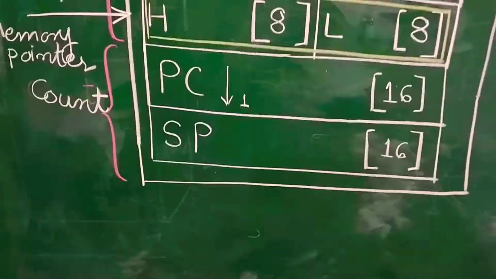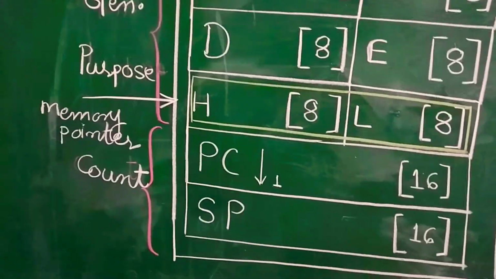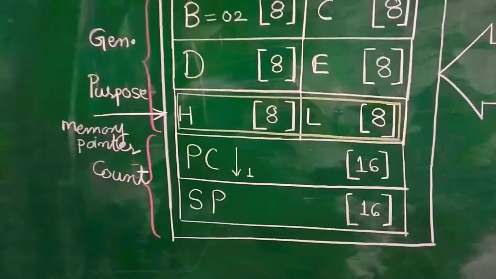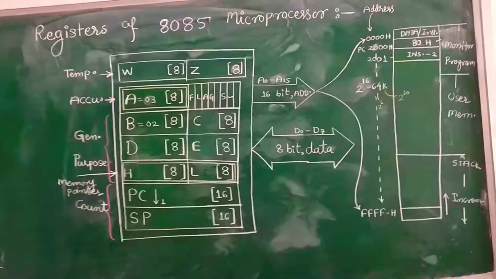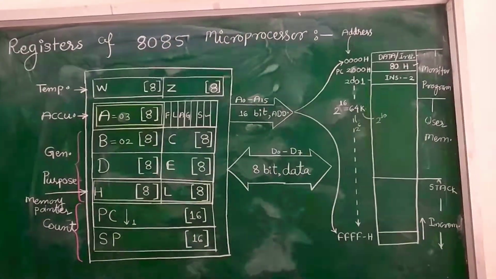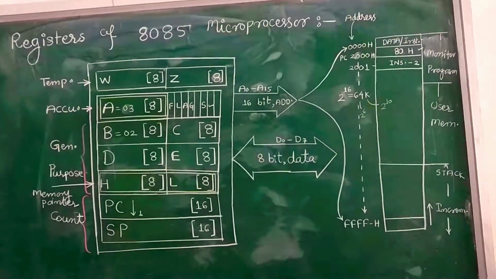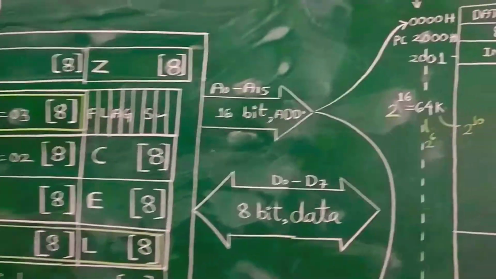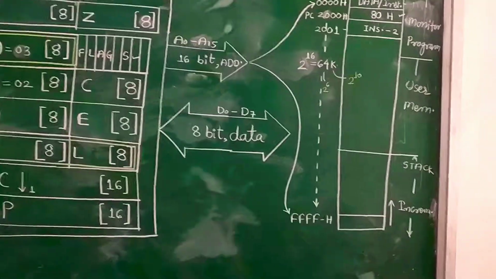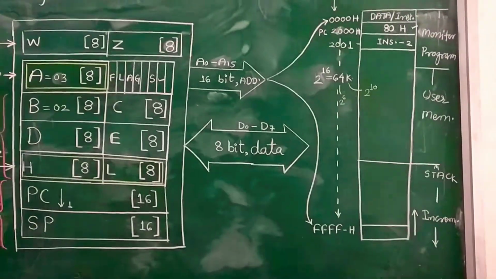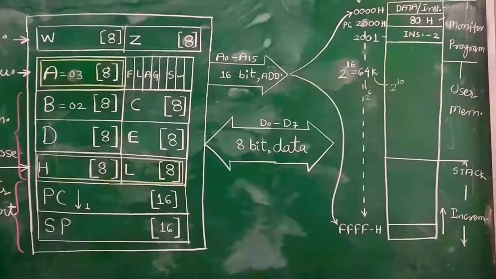PC we have explained, program counter is to sequence the program, which facilitates the user programming. Users write the program in the memory starting from user locations, generally starting after 2000H as we have seen here, and after user memory we have stack memory, which is used as additional memory for storing additional data.